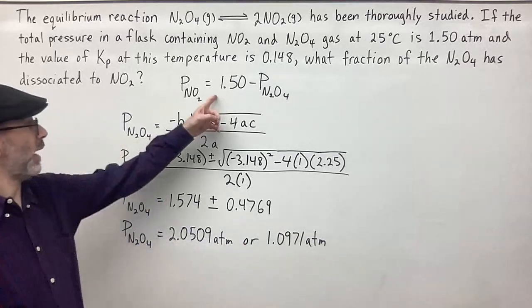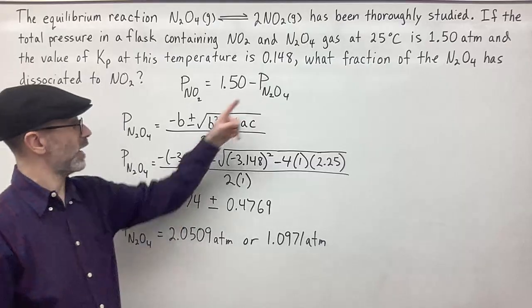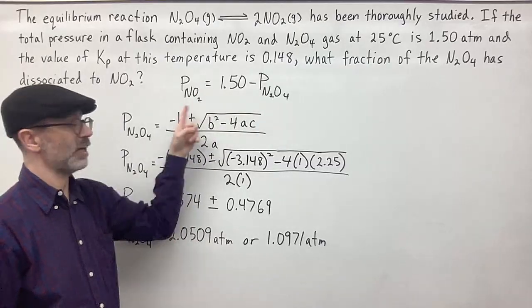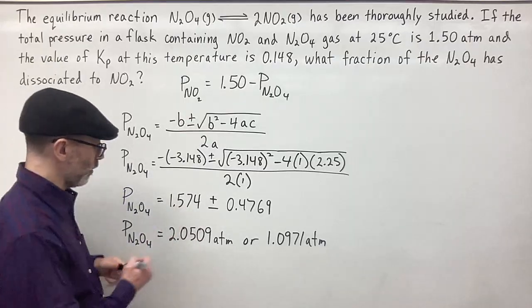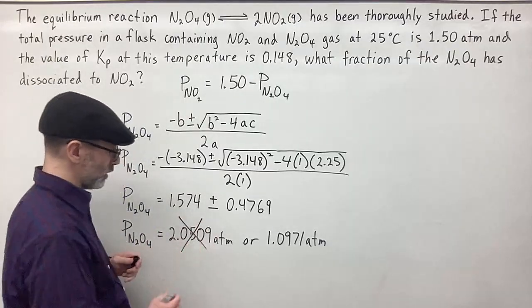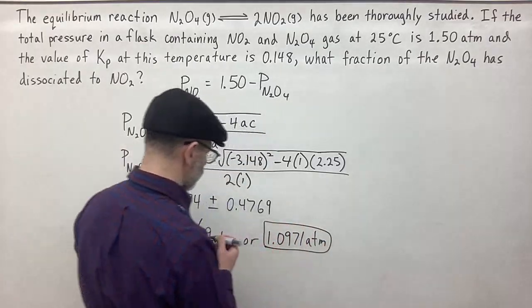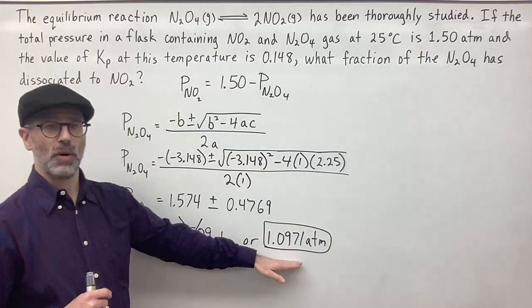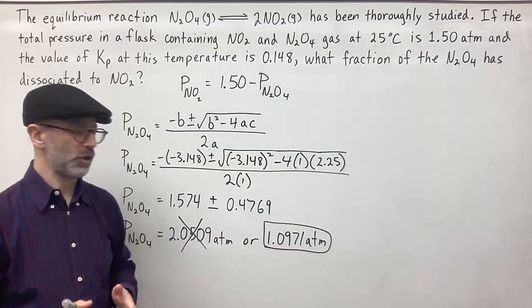Now, if we go back to this equation here, if I take this value and plug it in, I'll get a negative pressure of NO2, which makes no sense. So this cannot be the correct answer. So this is the one we have to go with. So that is the partial pressure of N2O4 at equilibrium.